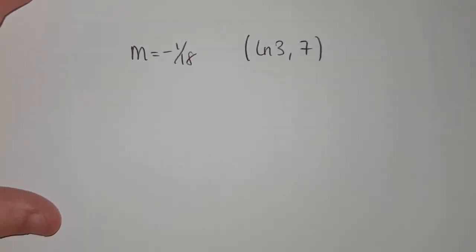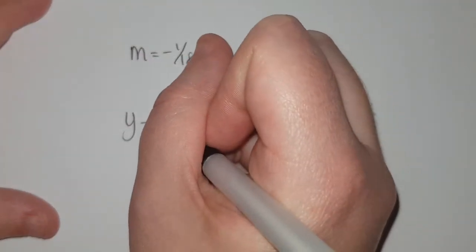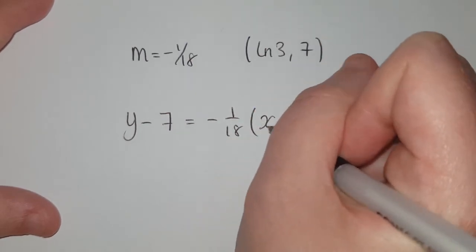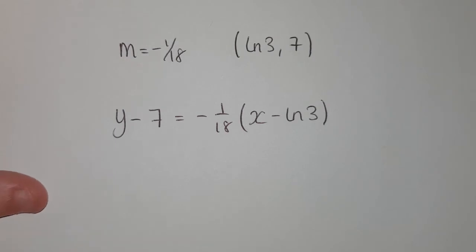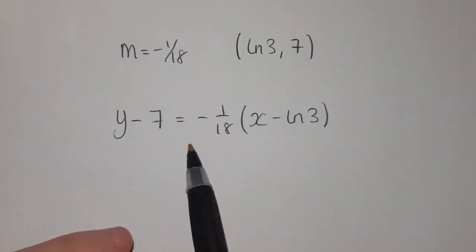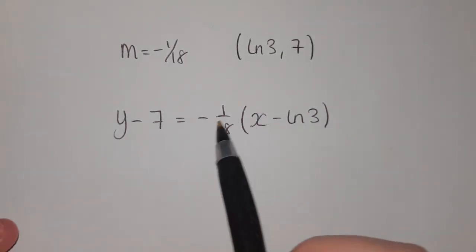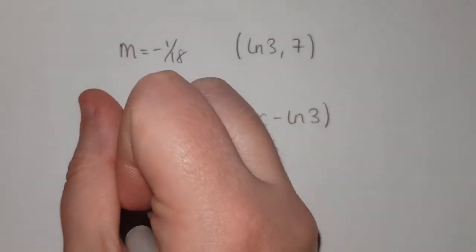Right, so if I'm going to find the equation of a line, all I need to do is put that into y minus y1 equals m brackets x minus x1. Normally that will get you the majority of your marks, and usually they will ask you to simplify this question or simplify any sort of equation that's given like this. So we're going to multiply all the way through by 18.